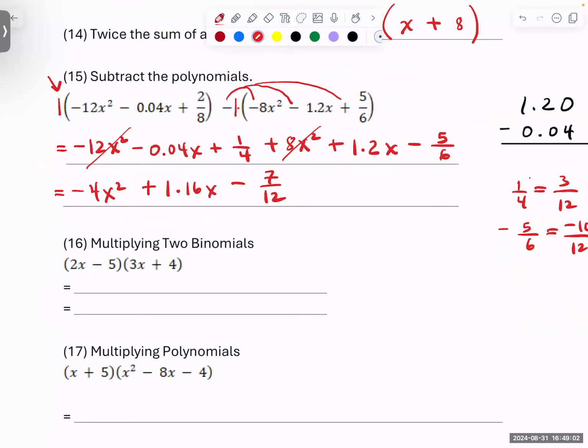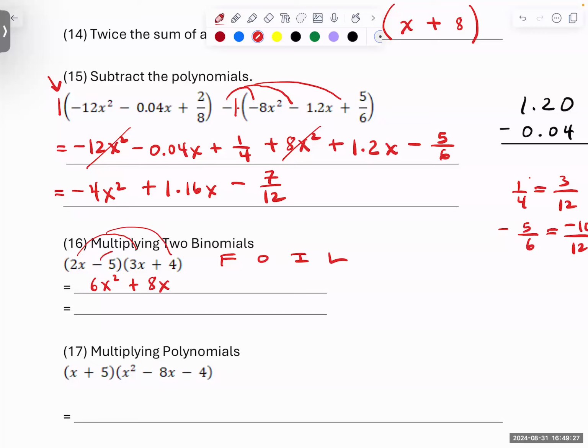16, multiply the two binomials with any method, including possibly FOILing. So we have a product of first terms, 2x times 3x is 6x squared. Outside terms, outer product is plus 8x.